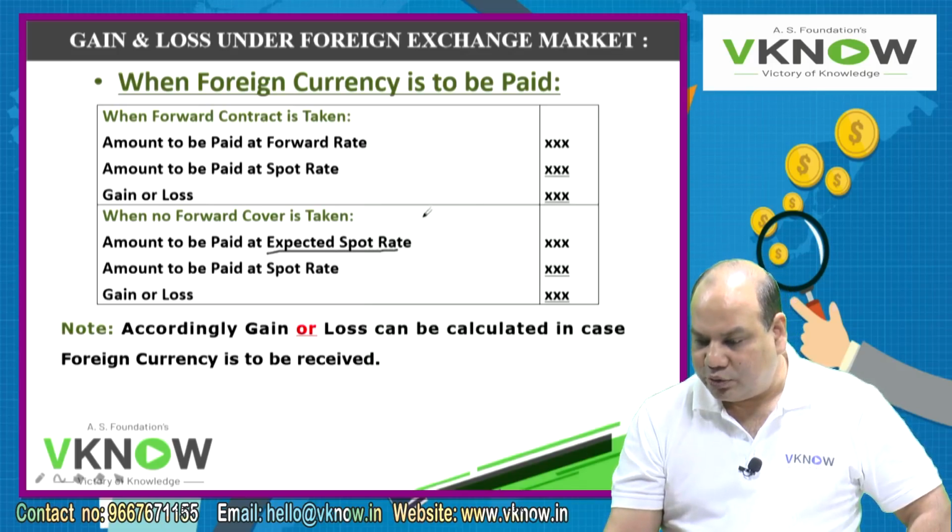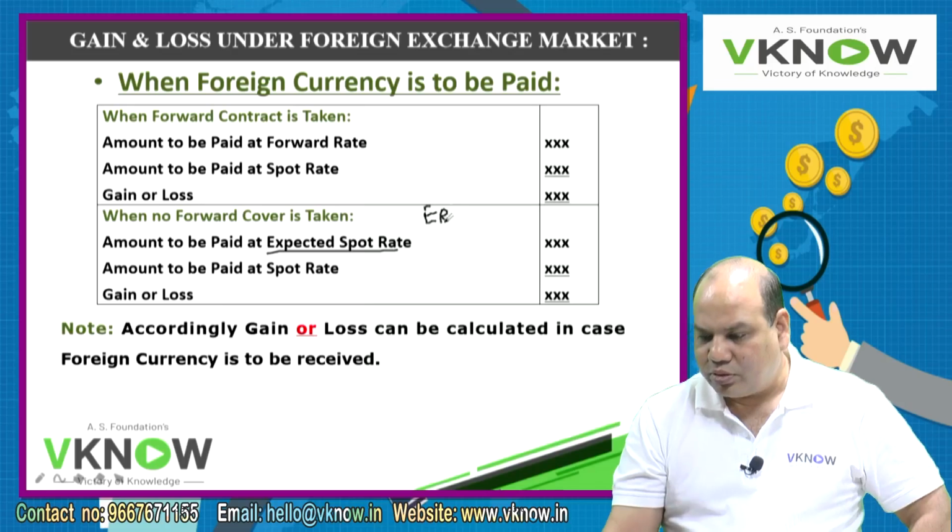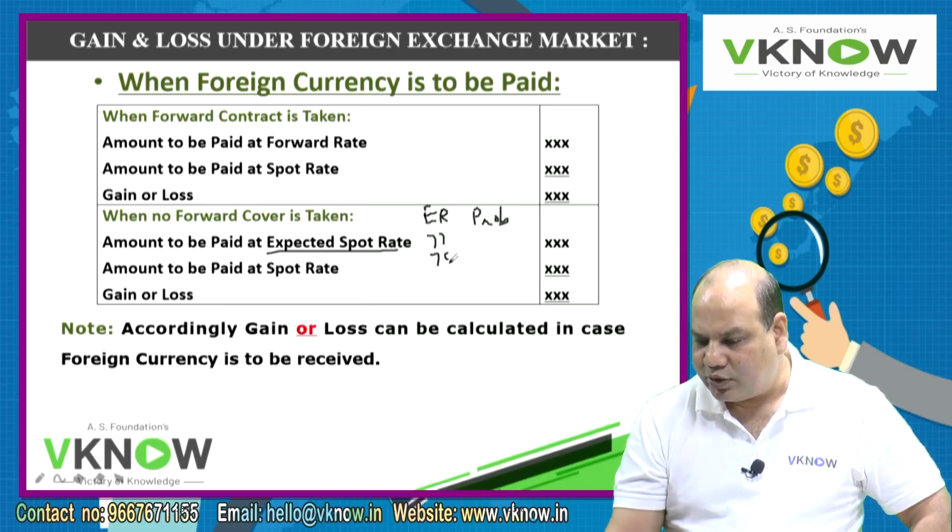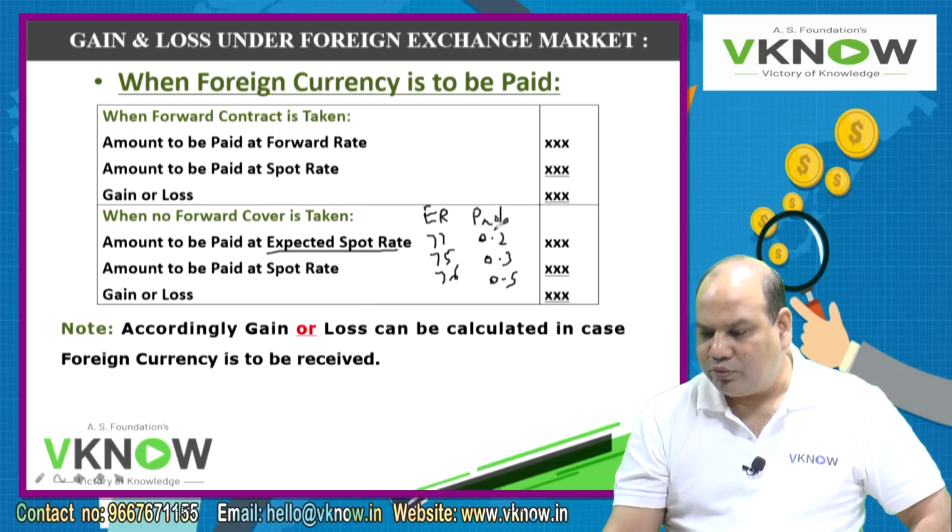Otherwise they might give you a probability distribution table with exchange rates and probabilities, and you will have to find out what will be the expected exchange rate on maturity.